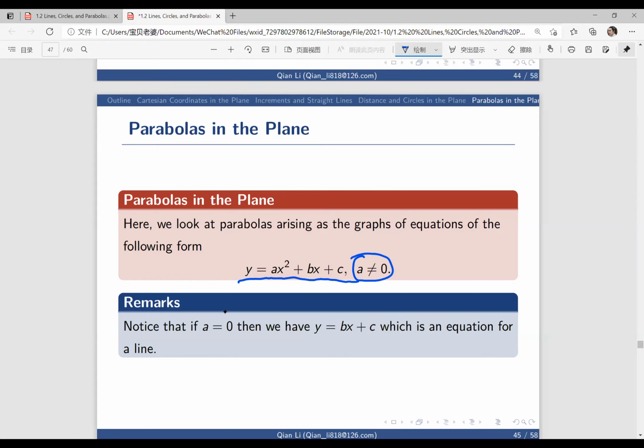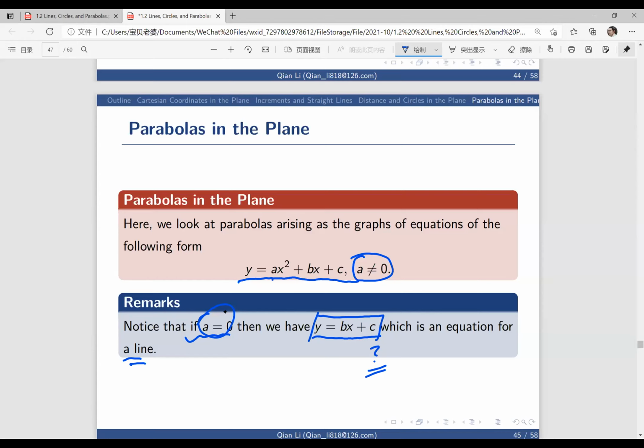Let's see. If a is equal to 0, then this equation will be y is equal to bx plus c. Which equation is this?